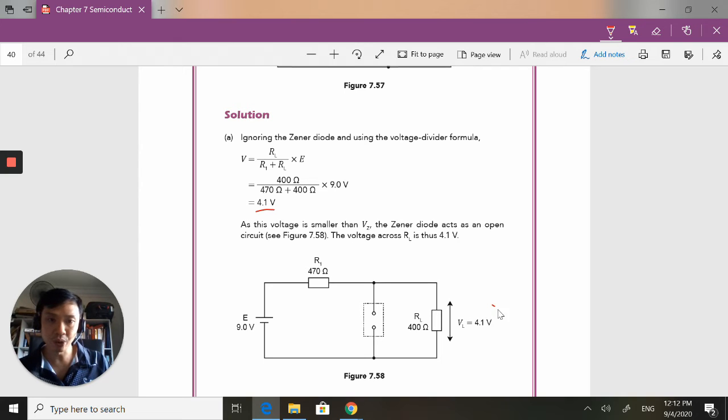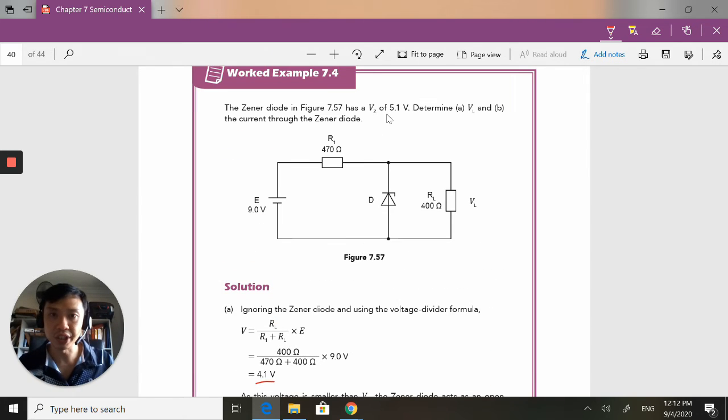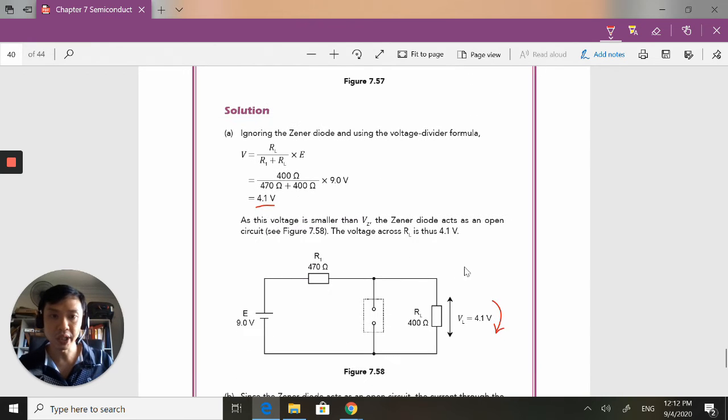So I know that the voltage across my load is 4.1 volts. Now, the Zener voltage is 5.1. So if I'm going to draw my IV characteristics of a Zener diode, we are not so concerned here because this is forward bias.